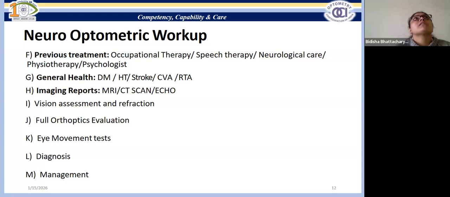After checking saccades and pursuits, we will start with ocular motility with the broad H test, followed by, if they have some traumatic fourth nerve palsy or third nerve palsy, the underaction of the muscle in particular, which has to be drawn in the medical record, or you can mention it in the nine cardinal gaze chart.